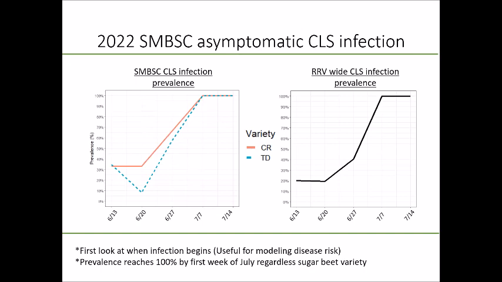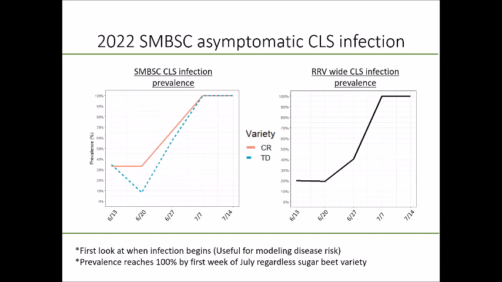Now, this is our first peek into latent infection, and this gives us a really useful data point to start modeling for disease risk, because now we know the fungus is there at least by the first week of July, and this lets us start looking at environmental conditions in the preceding weeks that might be indicative of the start of this latent infection.